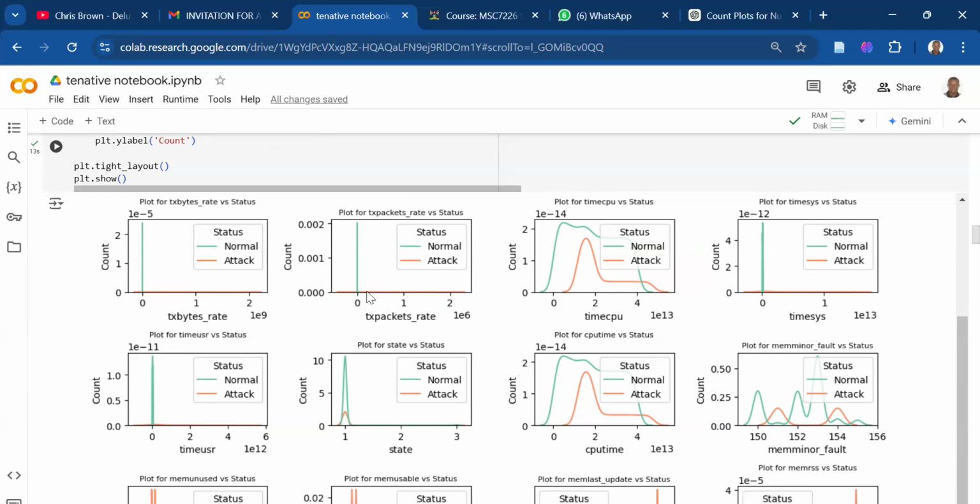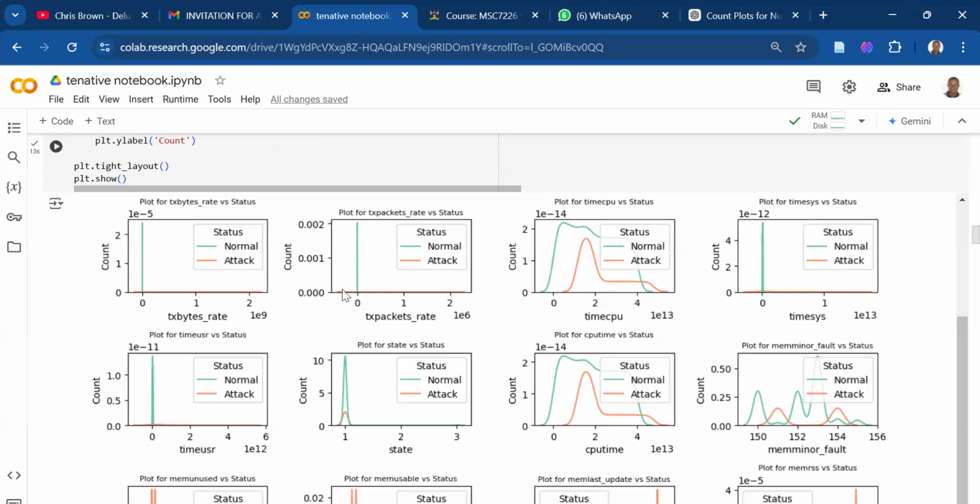You can see here that there is a greater number of instances that experienced non-compromised traffic, and then a few instances experienced an increase in the attack and attack data.